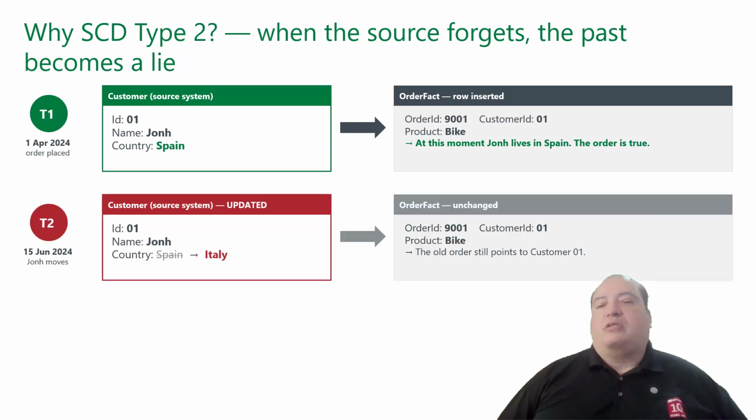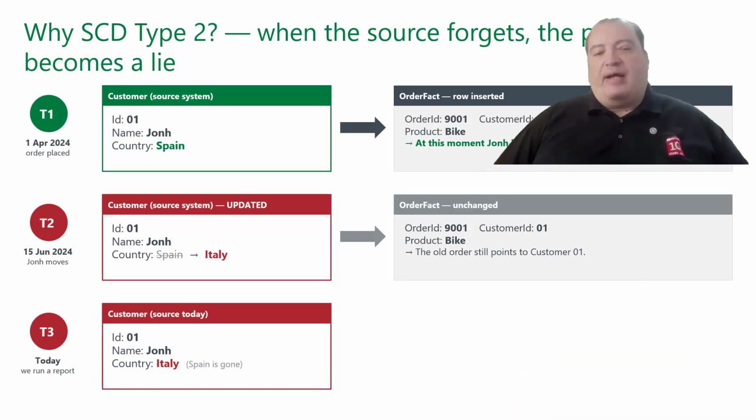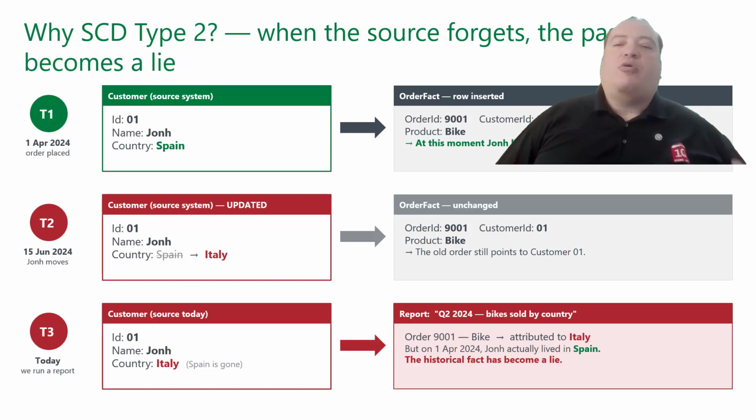The order doesn't change. And the order is linked to the same customer, John. But today, John lives in Italy. So if we run a report analyzing the orders by each country, the order will be attributed to Italy, not to Spain.